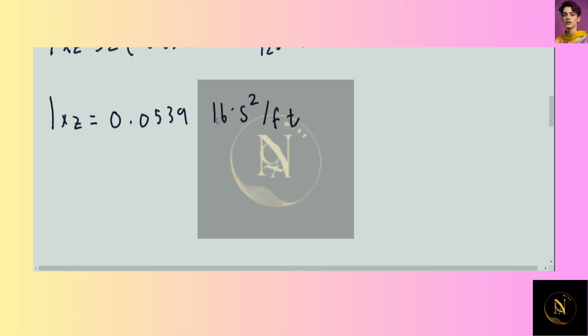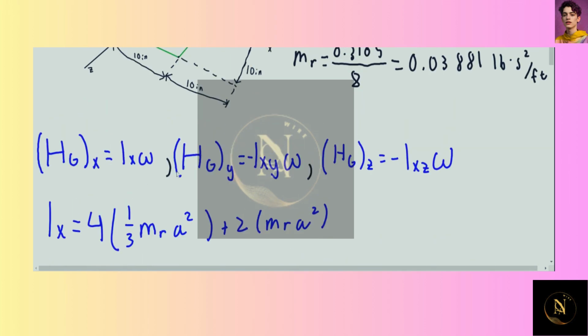Now we can use these equations, since we're given the angular velocity as 12 radians per second.